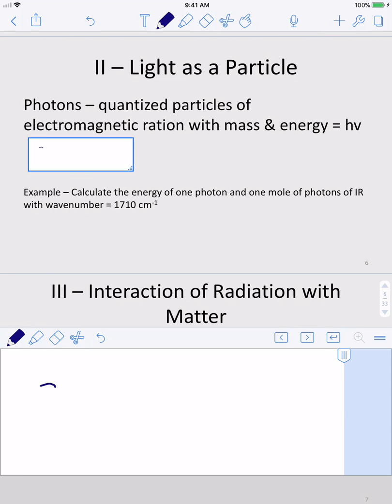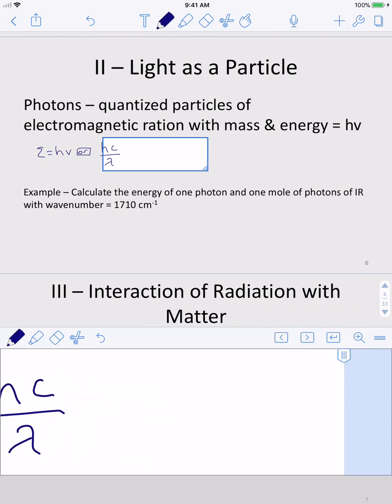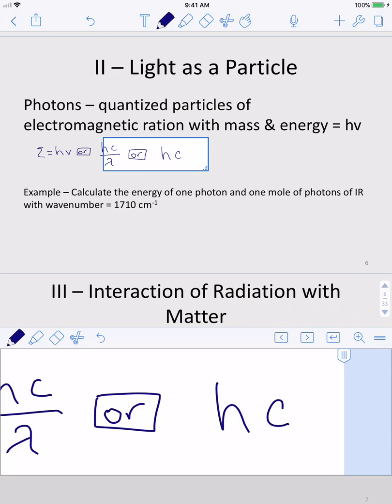Our formula is energy equals Planck's constant times frequency. Or we can substitute for frequency, so we can have h c over lambda, if we substitute c over lambda like on the previous slide. Or if we have wave number, since wave number and lambda are inverses of each other, we get h times c times wave number.